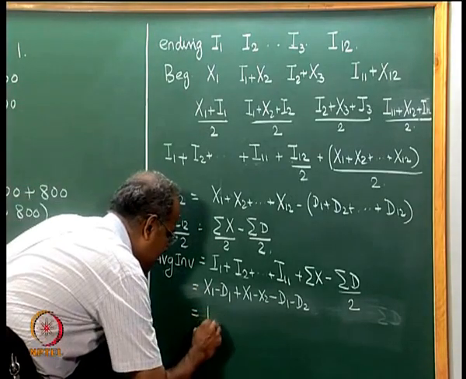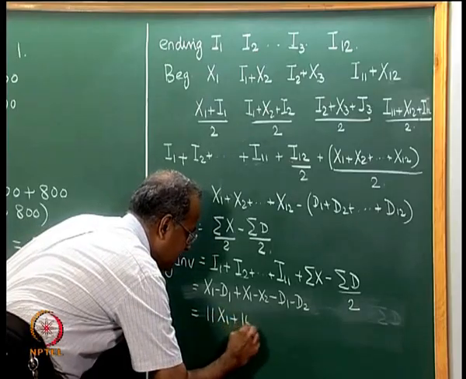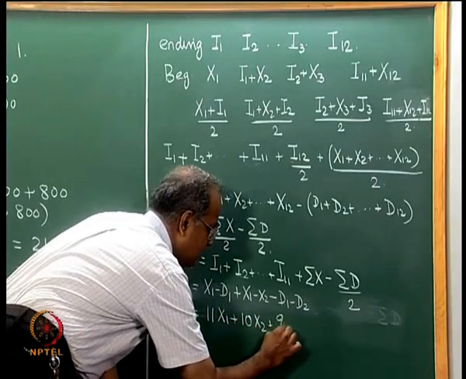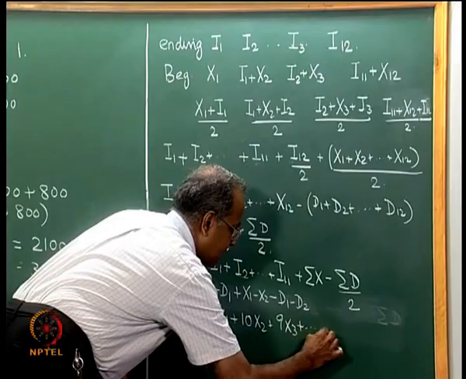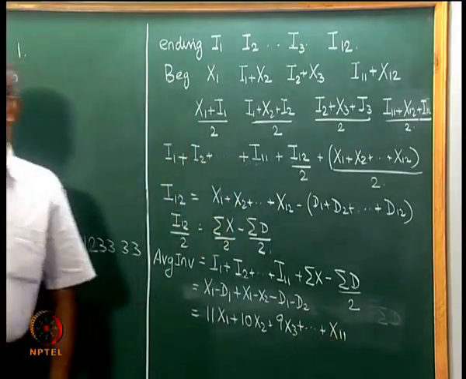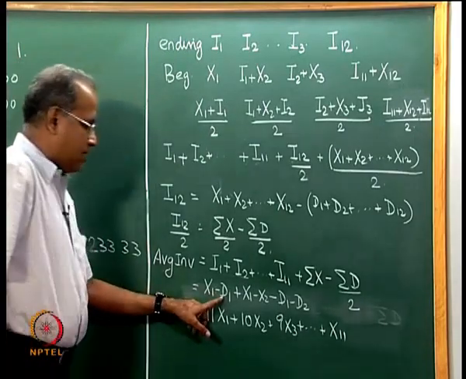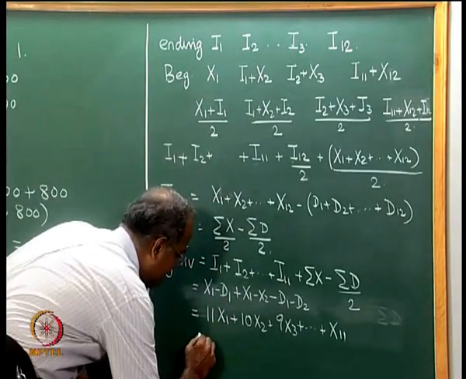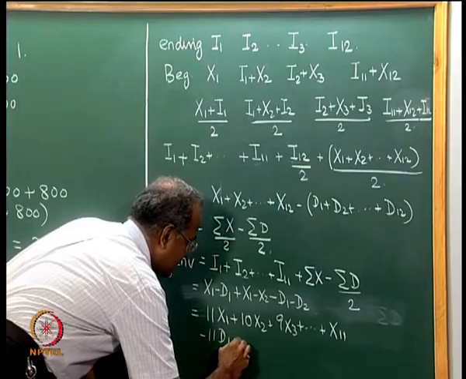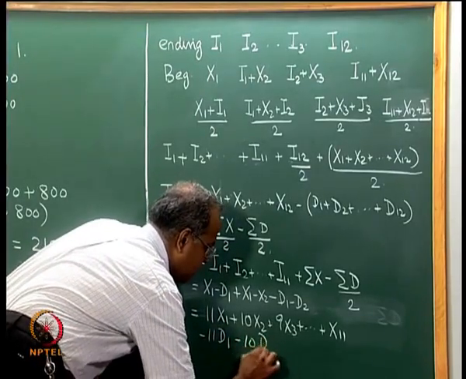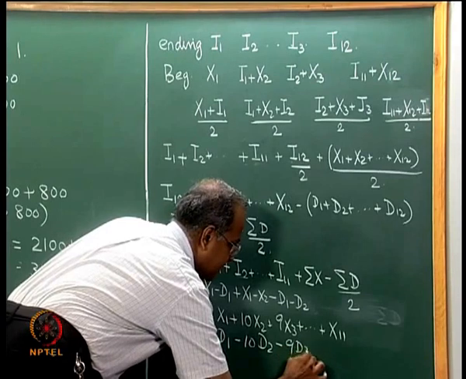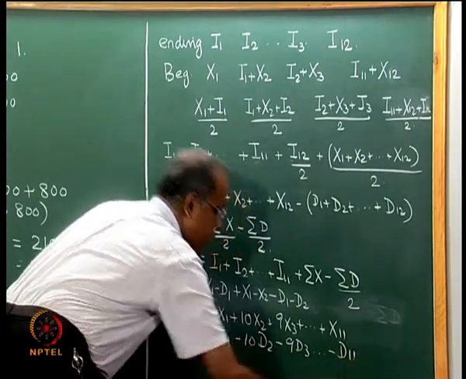So, this will give me 11x1 plus 10x2 plus 9x3 and so on up to x11. Now, this one will become minus 11d1 minus 10d2 minus 9d3 and so on, minus d11.